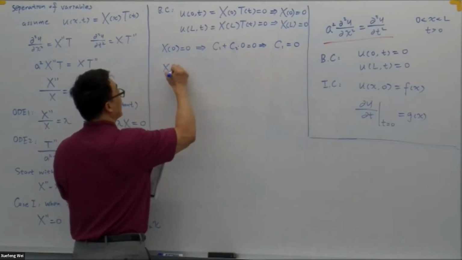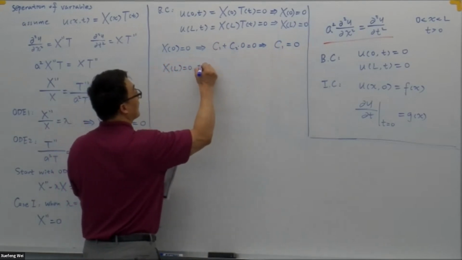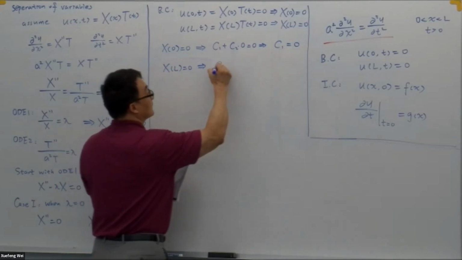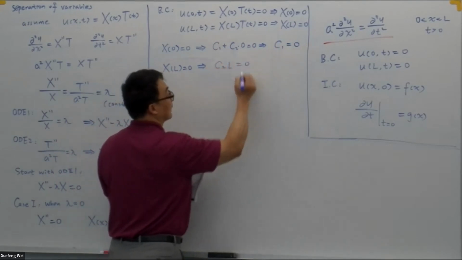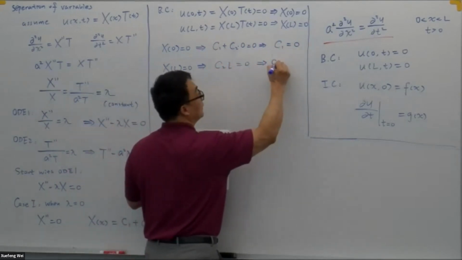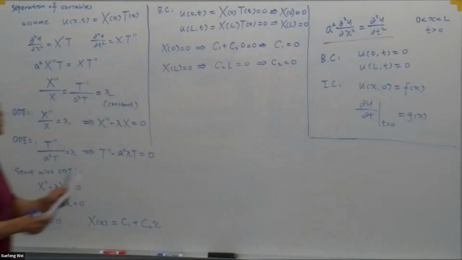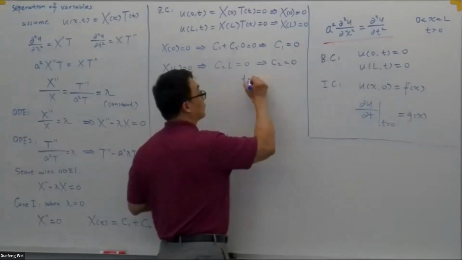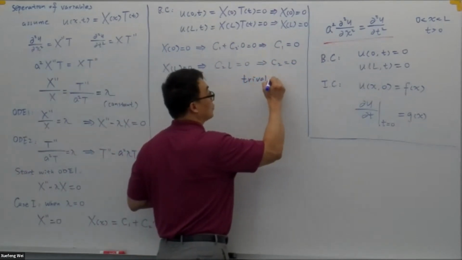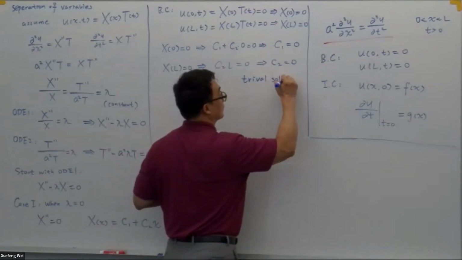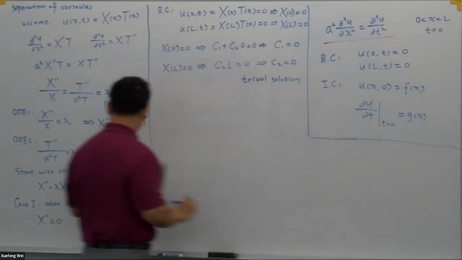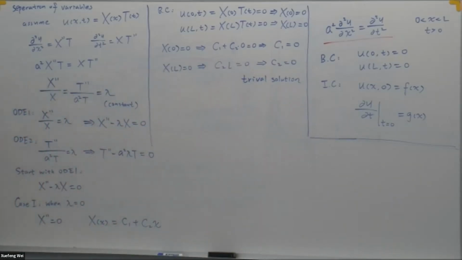X(L) equal to zero, and C1 is already zero, then C2 L is zero, so C2 is also zero. So this is what we call the trivial solution. So we eliminate case number one, because it only gives the trivial solution.